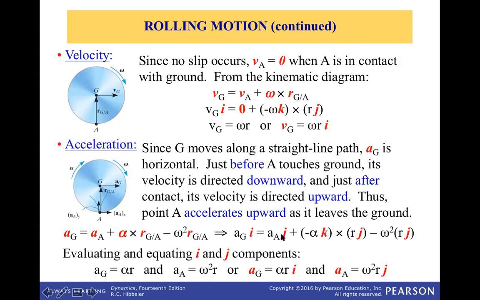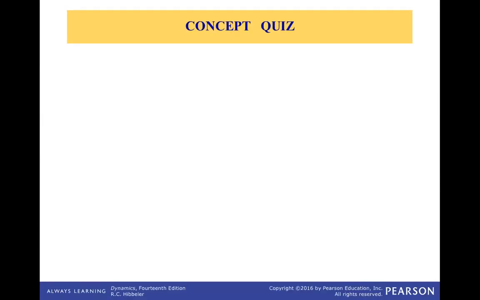And then for a sub A, the J component minus this J component should go to 0, so that means a sub A is equal to omega squared times R. So you can determine both a sub G and a sub A. If you indicate the directions, a sub G should be just in the X direction, a sub A should be just in the J direction. So that's rolling without slipping.